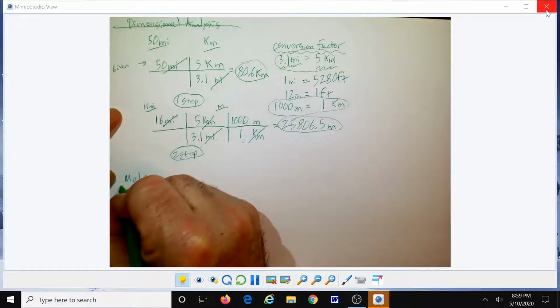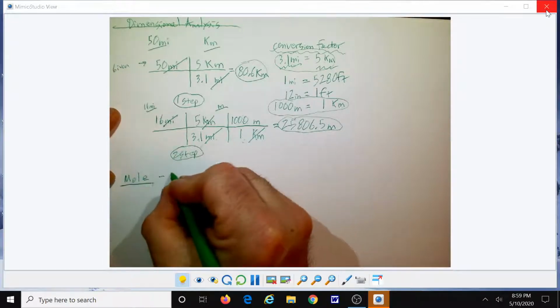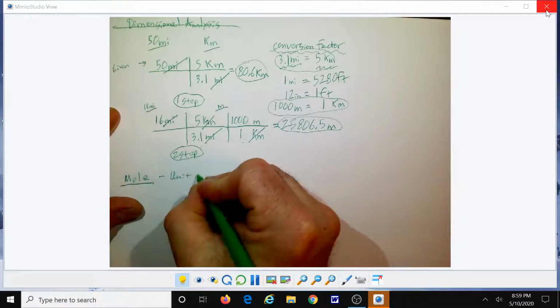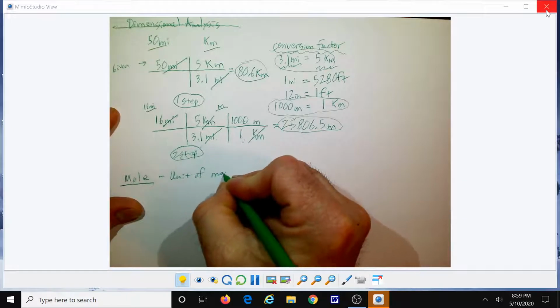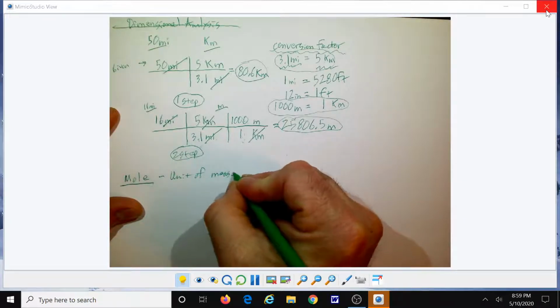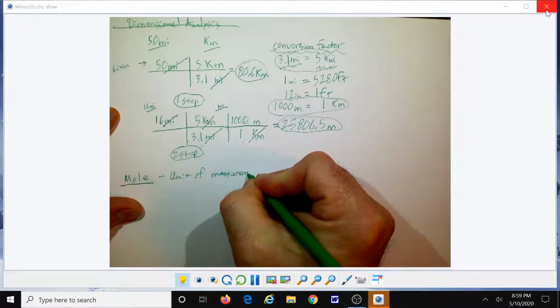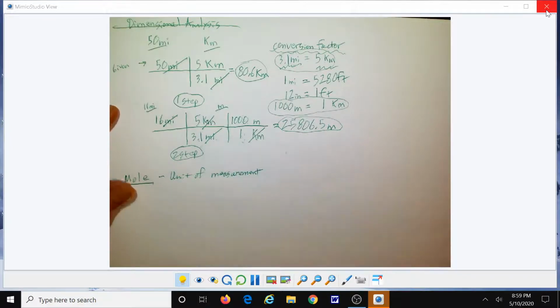So a mole is a unit of measurement that we use in chemistry that basically makes things that are either way too large, it makes them smaller so it's a more manageable number to work with, or if it's something really tiny, it makes it to a larger number that's more manageable to work with. All right.